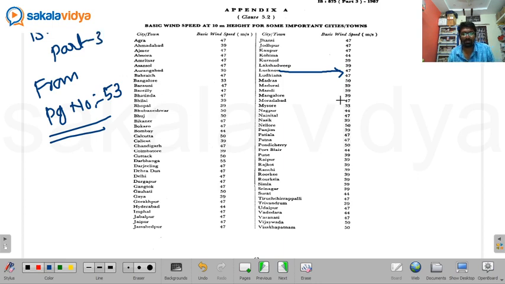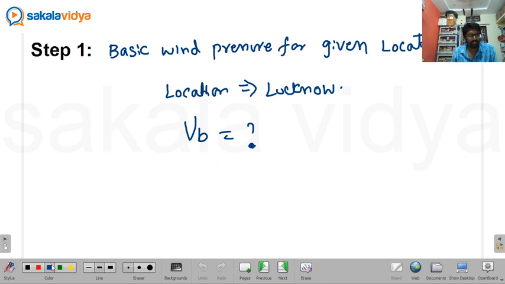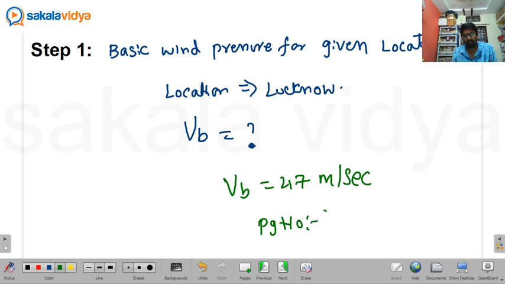So for Lucknow, the basic wind speed is Vb equal to 47 meter per second, according to page number 53 of IS 875 part 3. So this is our first step.